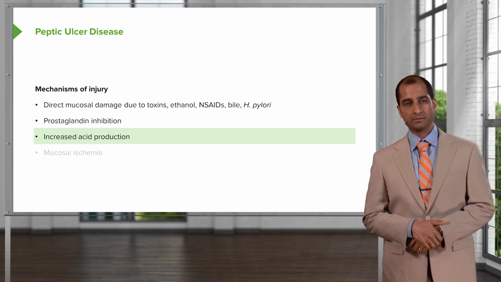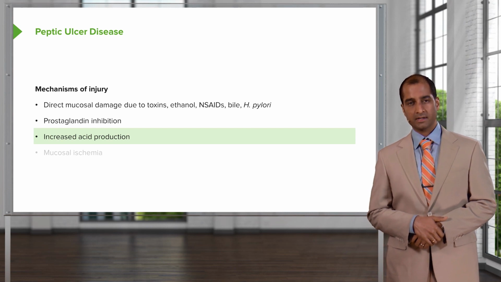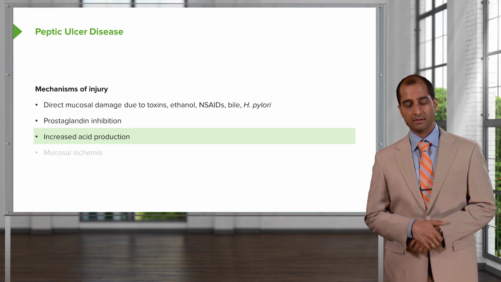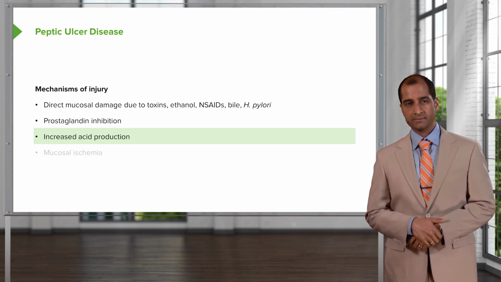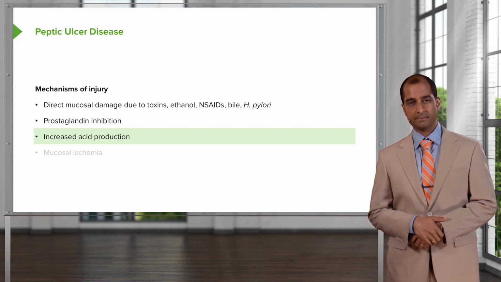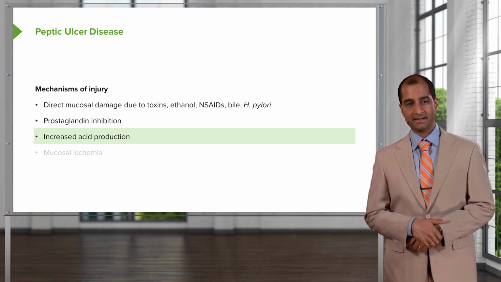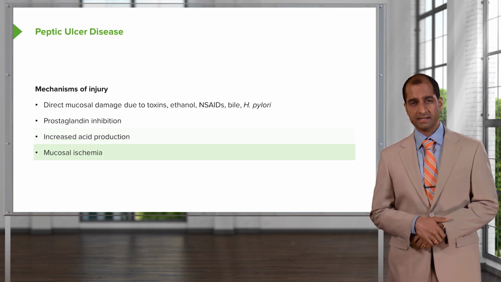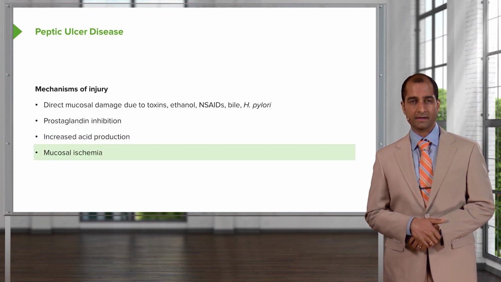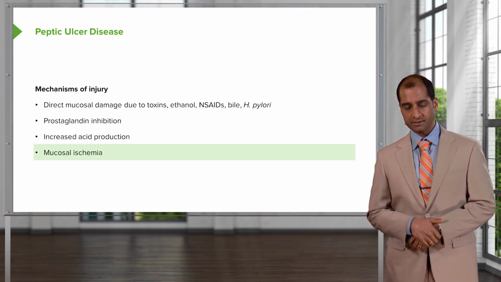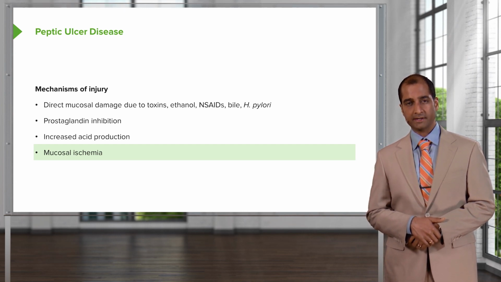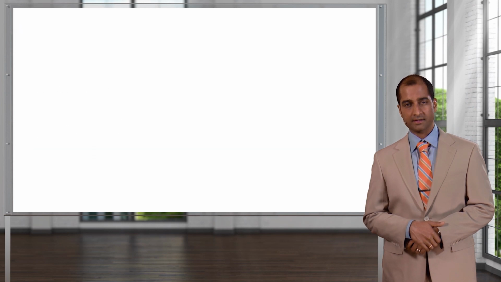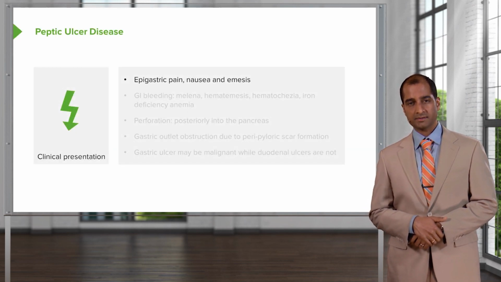For example, Zollinger-Ellison syndrome, with the gastrinoma, with all that acid coming out like a huge wave out of the stomach and into the duodenum, there is no way that the duodenum can properly protect itself against all that acid. Mucosal ischemia is always a possibility. Whenever there is infarction taking place, then at some point in time you might be injuring the lining of the stomach.